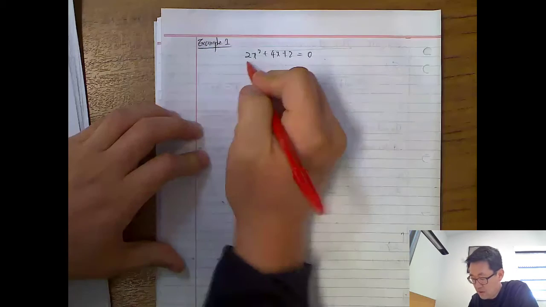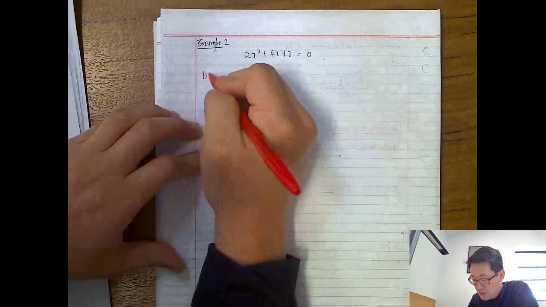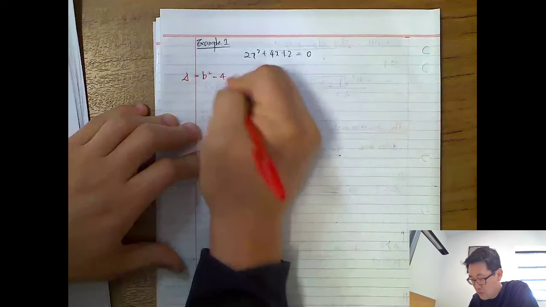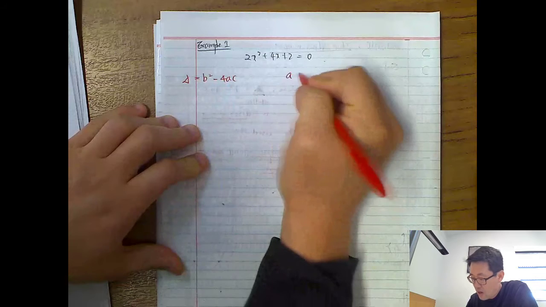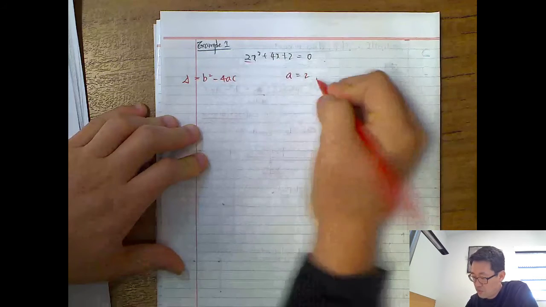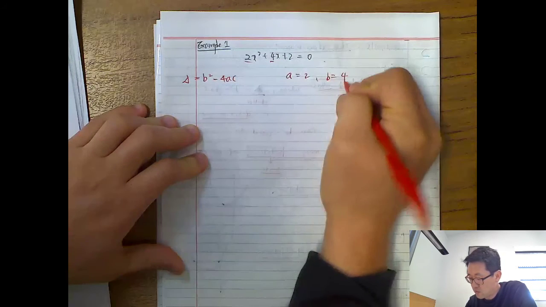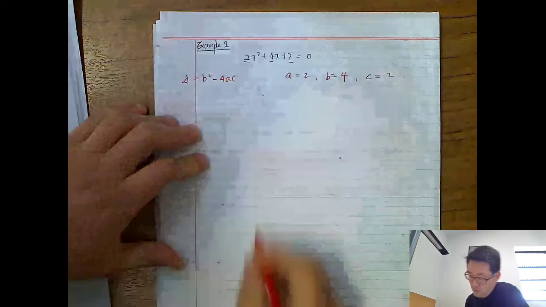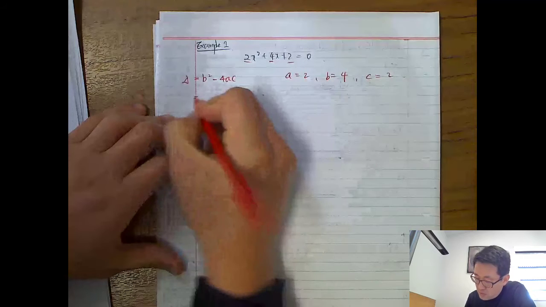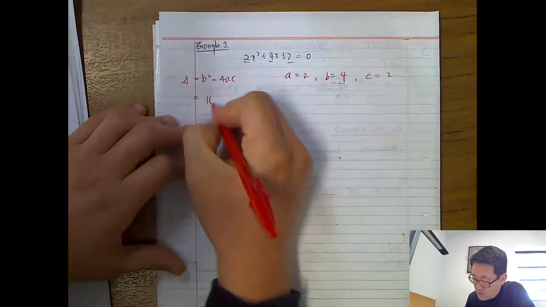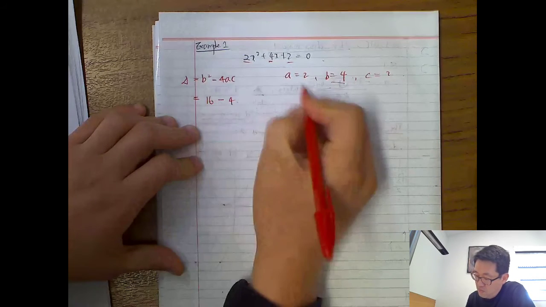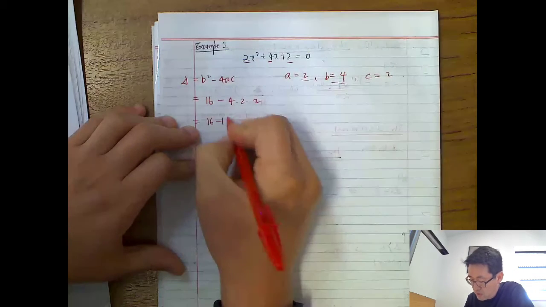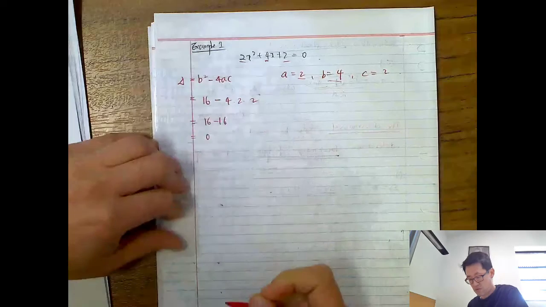So let's find the discriminant, delta equals b squared minus 4ac. a is 2, b is 4, c is 2. Therefore, the discriminant is b squared, 16, minus 4ac, so 16 minus 16 equals 0.